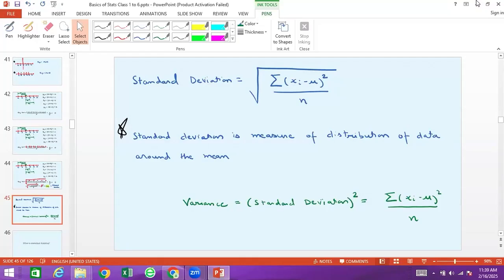Right, exactly. You're right. So Puneet, in the slide one slide back, to calculate standard deviation we did addition of all the values and then took a square root. The formula is showing xi minus mu square. Yeah, I'll show you what it means.